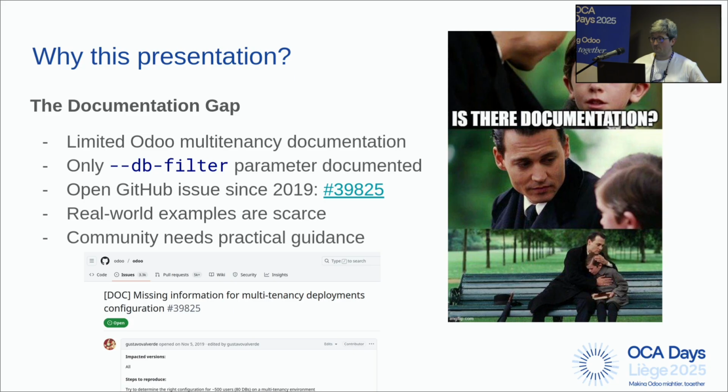Clearly, we are not alone in this struggle. The community has been asking for practical guidance and real-world examples. After more than 1 year of learning the hard way, serving 78 tenants in production, I feel compelled to share our experience. This presentation aims to fill that gap and hopefully save you some of the trial and error we went through.